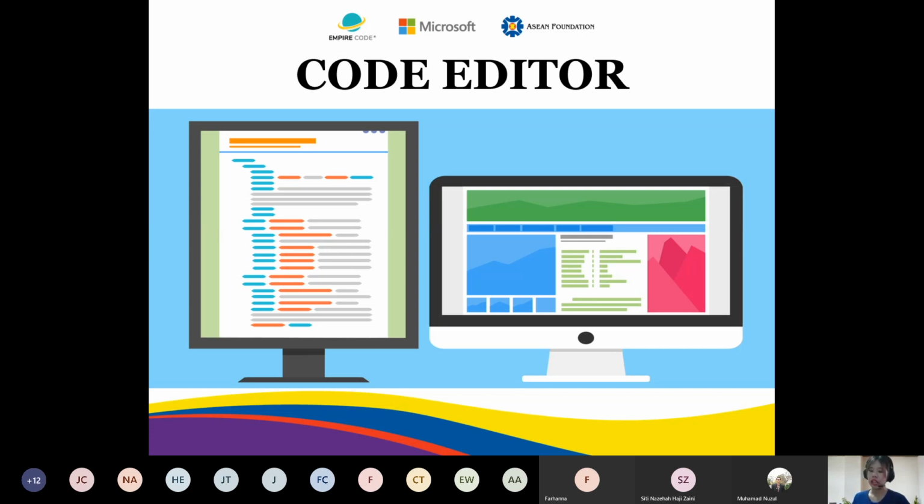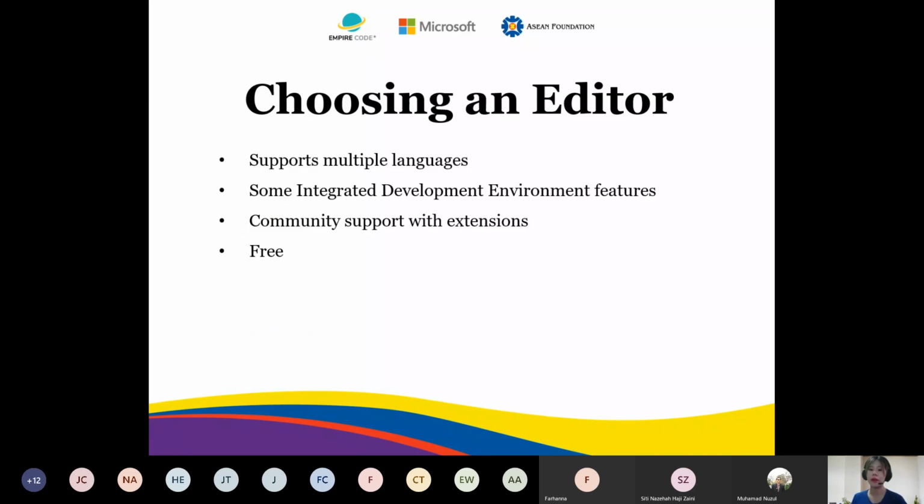When we develop web pages, we will have to use a code editor to write our code. There are many code editors out there, and we have chosen one that we think is suitable for this course. I will share it with you later. How do we choose our own code editor? Since there are so many code editors in the market, we have to look at our requirements first.